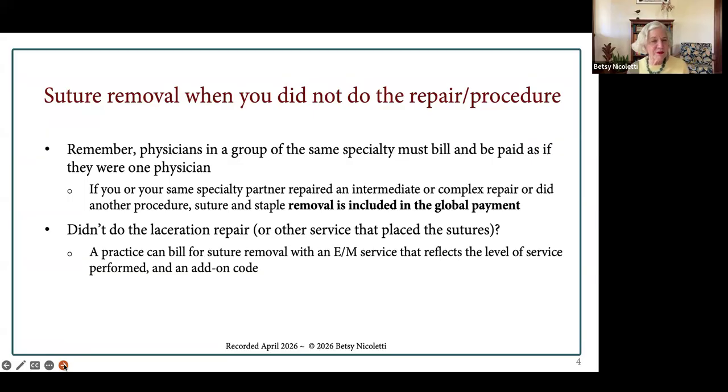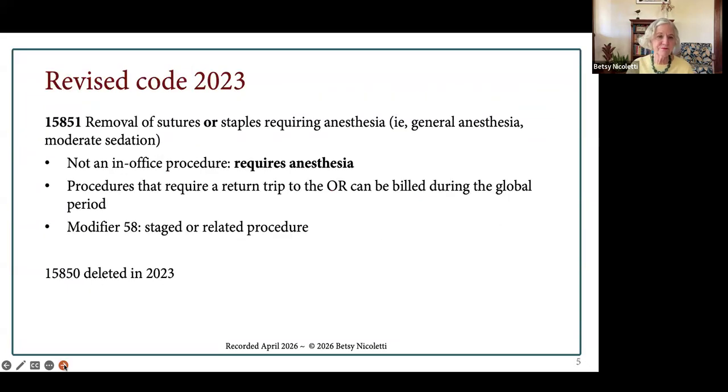But if you or your same specialty partner didn't do the laceration repair or the other procedure for which we placed those, then a practice can bill those as an E&M service that reflects the level of service performed. It's usually not a high level, and there's an add-on code for it.